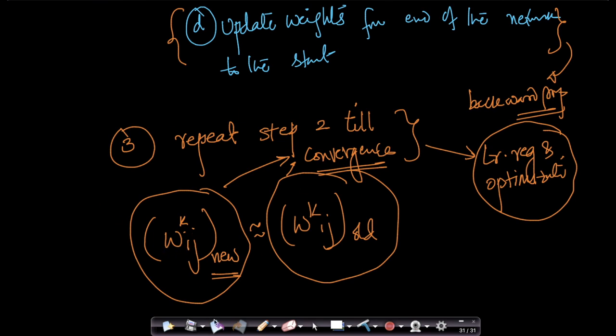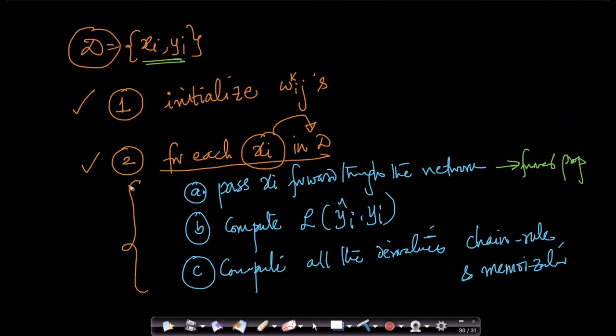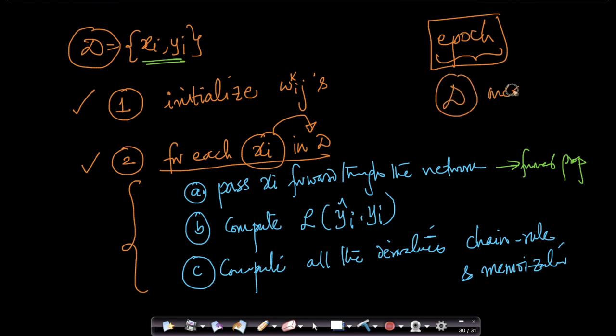There are some terms that I'll introduce here. There's a term called epoch. One epoch of training means that you have input all the points in your data set once, or passed all the points in your data set once through your neural network.